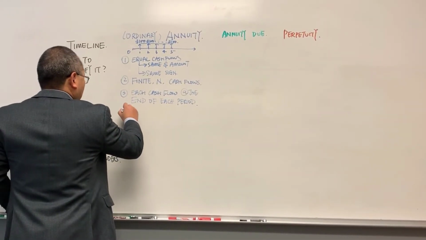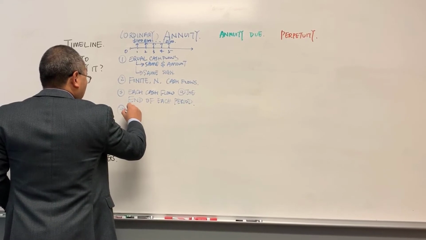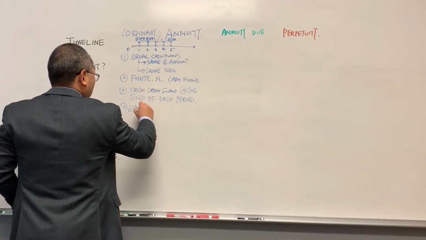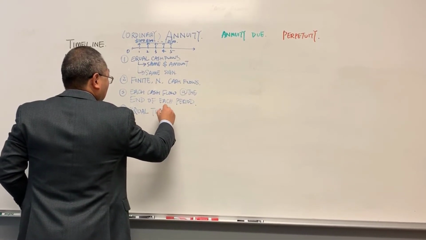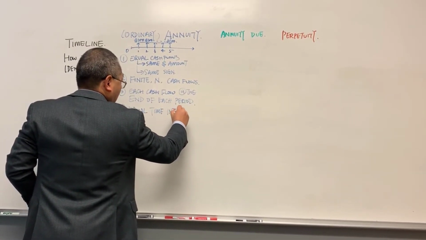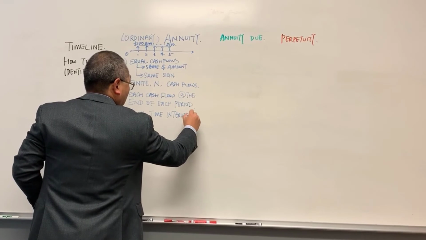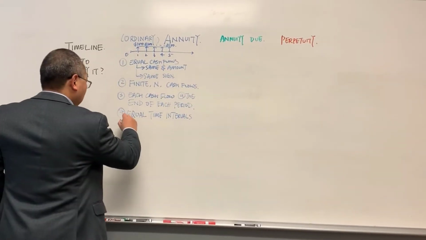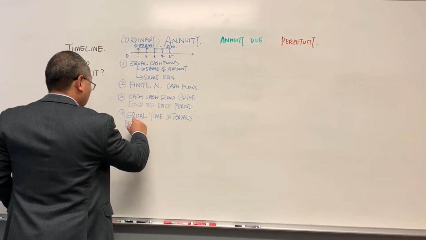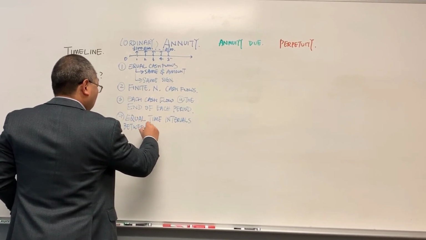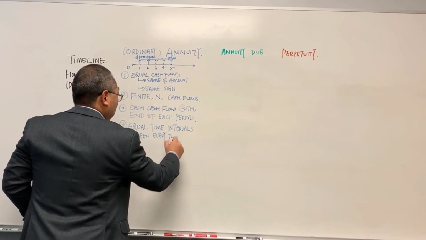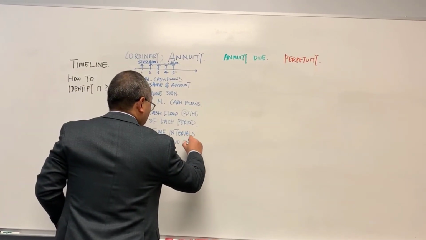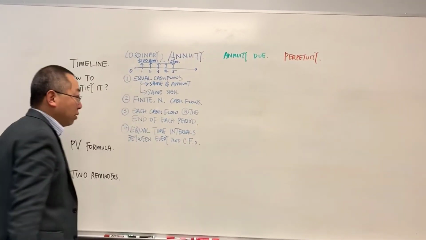The last one, equal intervals between every 2 cash flows.